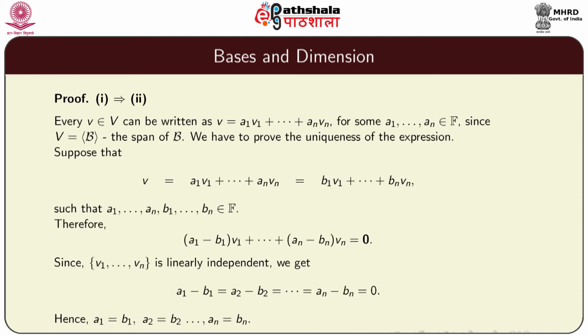We now come to the proof of the theorem. We first prove that 1 implies 2. That means, if we assume that the first statement is true, then we should be able to prove that the second statement is also true.